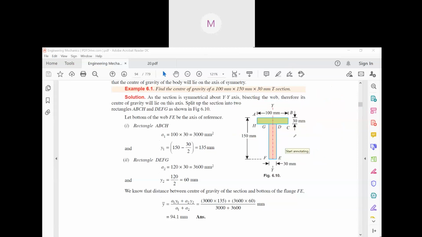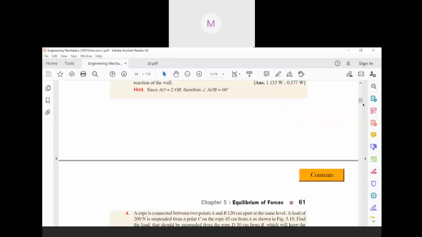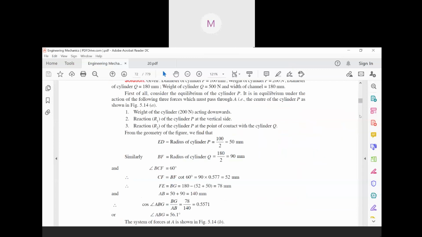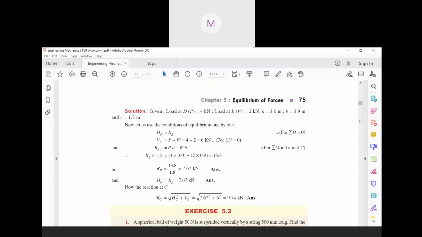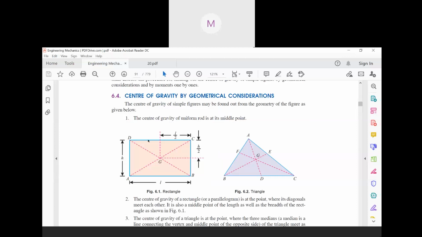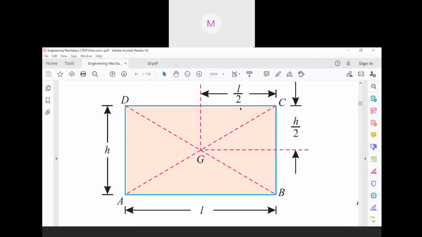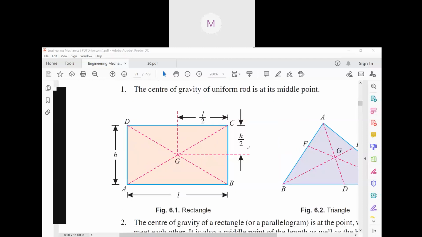Yesterday you discussed it, like this, you have to show this figure now. You remember this from yesterday? For a rectangle, the centroid is at a distance of h by 2, and for this side it is l by 2.